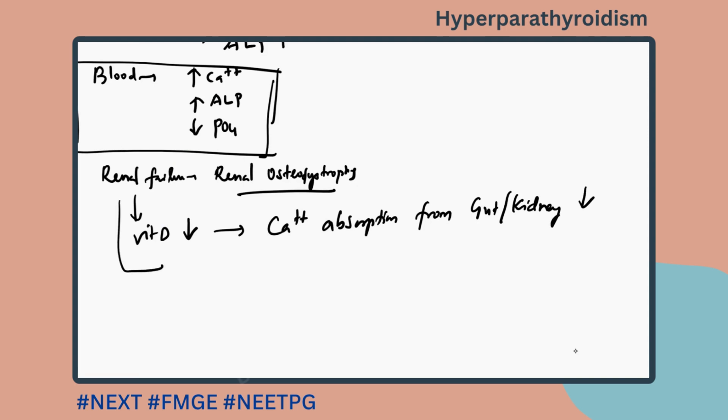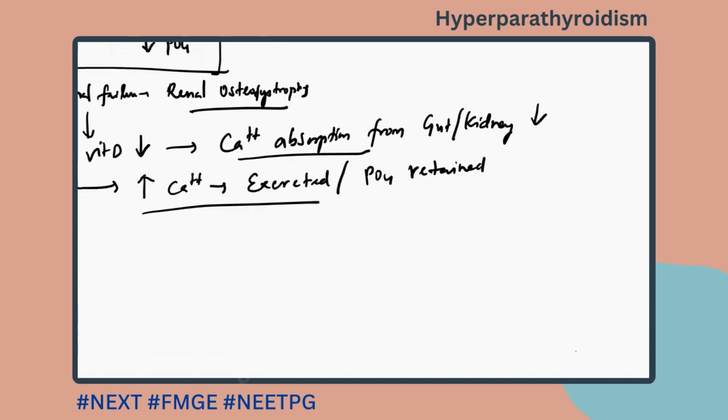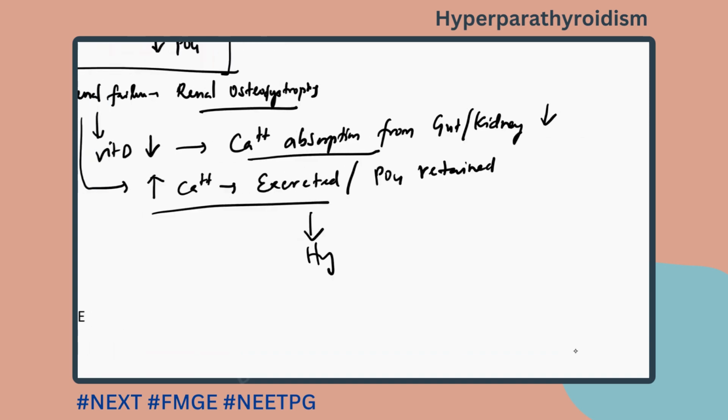When renal failure happens, in the kidney calcium is excreted more and phosphate is retained more in the blood because of renal failure. Calcium is excreted, calcium absorption is decreased, so all this leads to hypocalcemia.